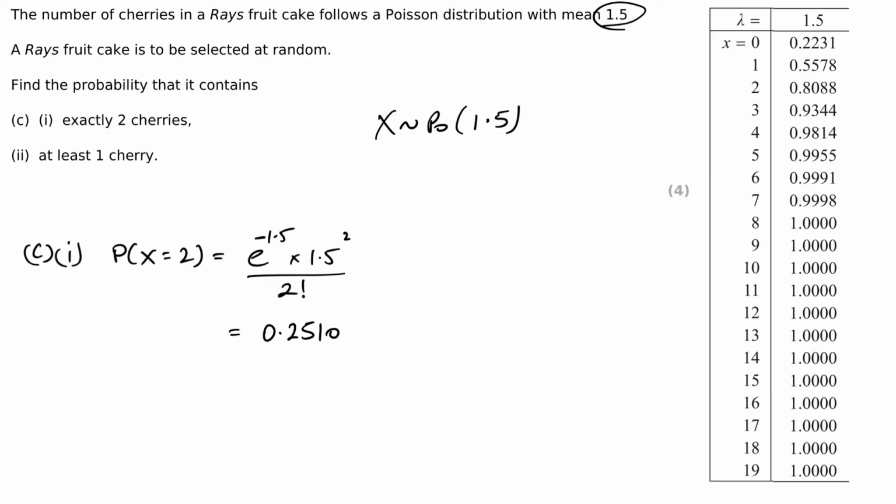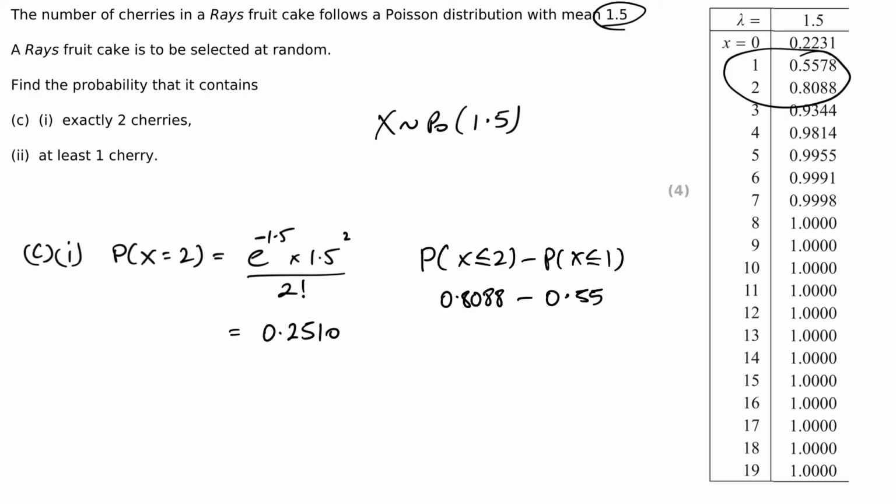Now, if I use the tables, another way of doing it would be as follows. I'd go x is less than or equal to 2 minus x is less than or equal to 1. You can see here there's the 2 and the 1, so it'd be 0.8088 minus 0.5578. Normally I would write x equals 2 here.